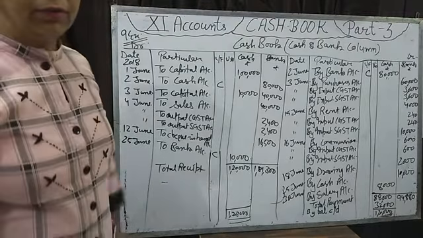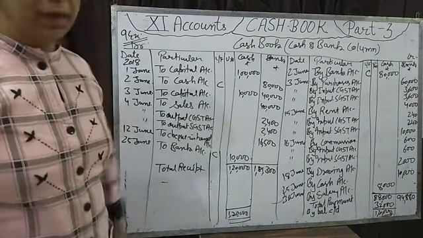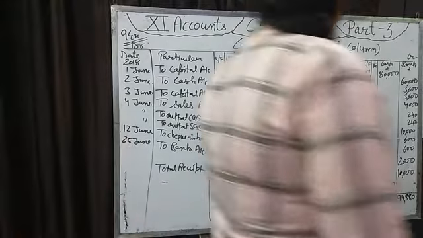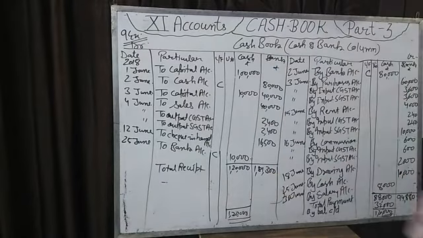After that we will find out the bank balance. For bank, we have received 1,81,300 and we have paid 94,880. Find out the difference of these two amounts. That is the balance of bank.